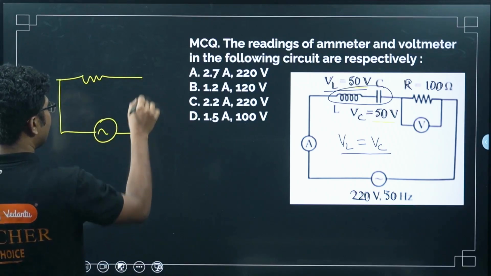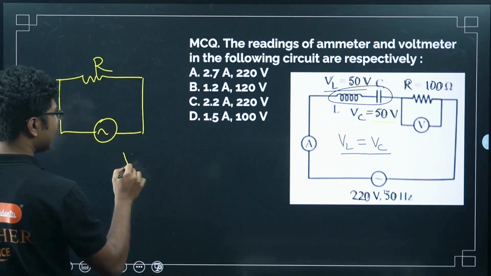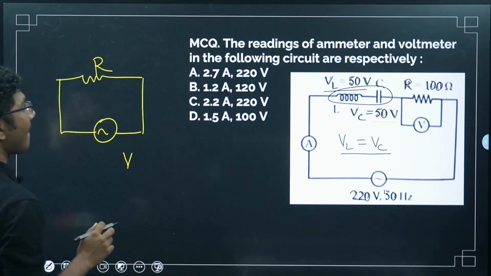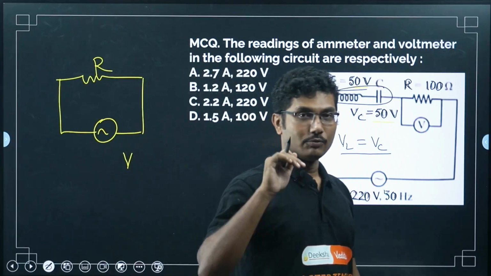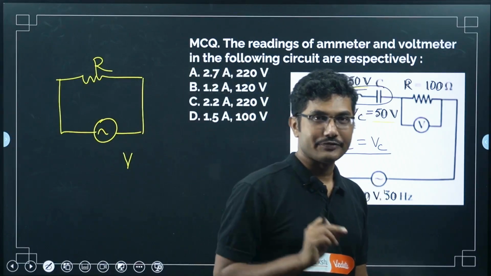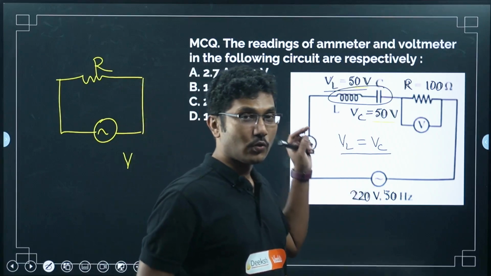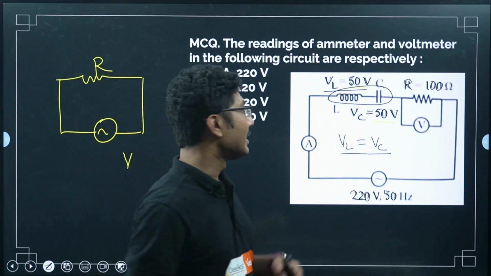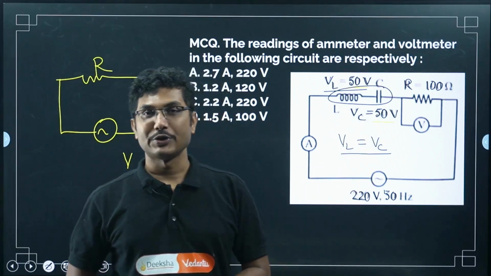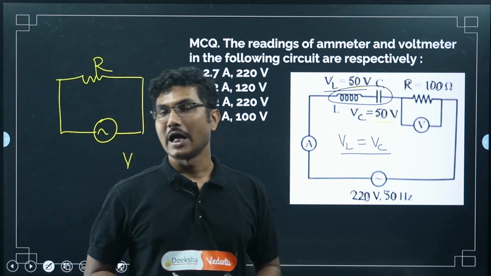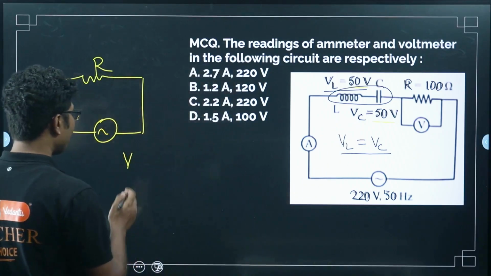with an AC source. Okay, so what is the current? Now, readings of ammeter and voltmeter generally read RMS values. That is important. When you add an ammeter or a voltmeter, it does not measure the peak value, it does not measure any other value, it only measures the RMS value. So you have to find the RMS value.